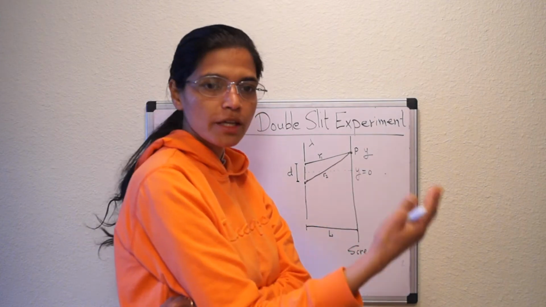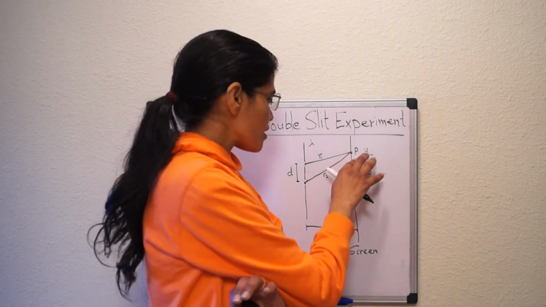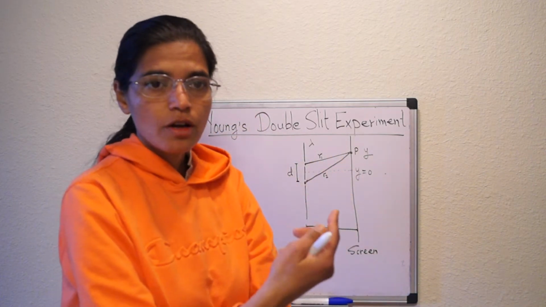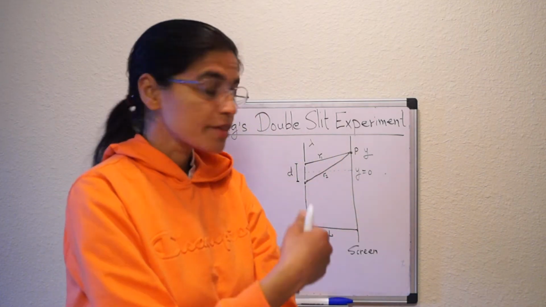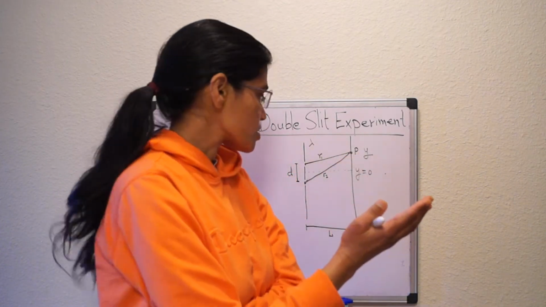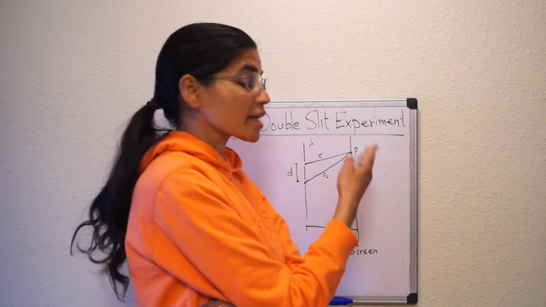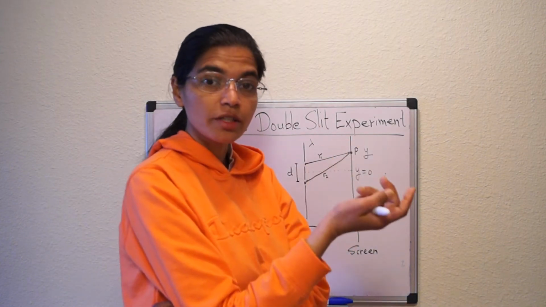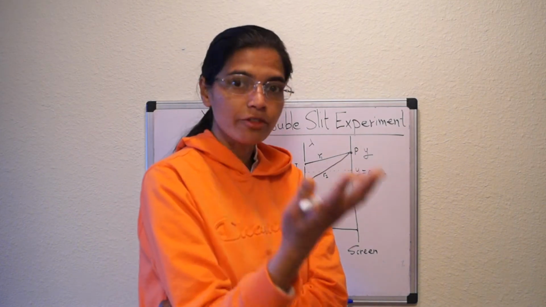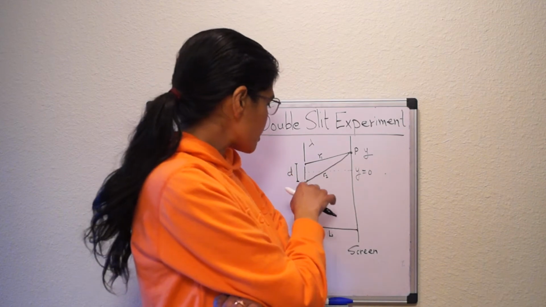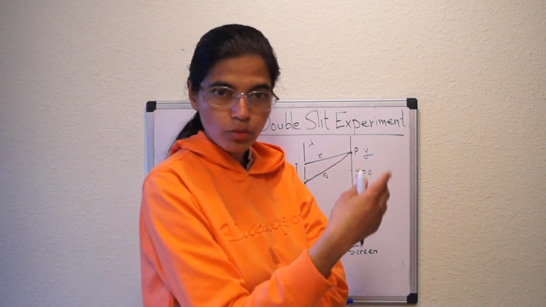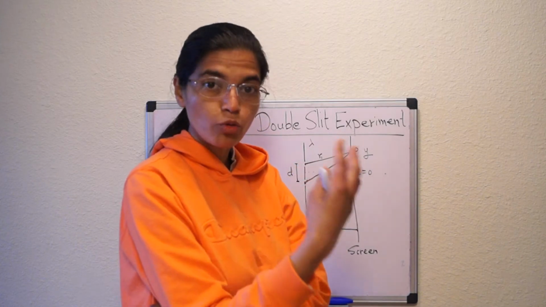But if the path length difference is a multiple of half of lambda, then this point would be destructive interference. For sound, constructive interference means you would hear a louder sound, and destructive interference means we won't have any noise, it would be quiet.